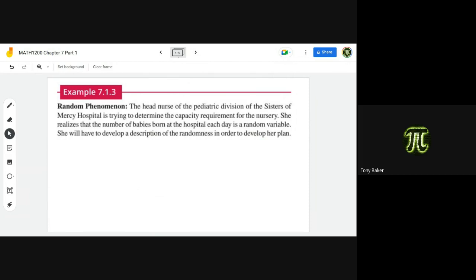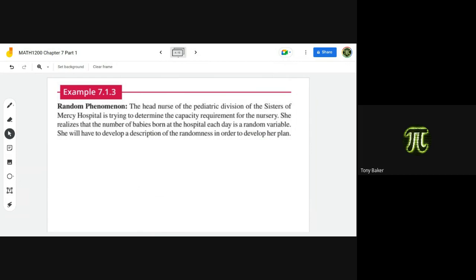Let's take a step back because we can do this for either one of them. What is the variable I'm looking at? And what are the capacity requirements based on?